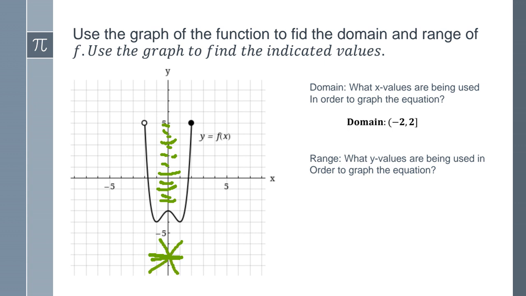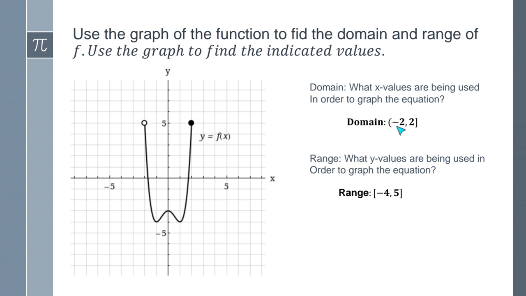The smallest one would be at this point here, and that point is -4. So I'm going to go from -4 all the way to +5, because at 5 I can make my graph here. You always want to write the smallest number first when you're working with domain and with range.